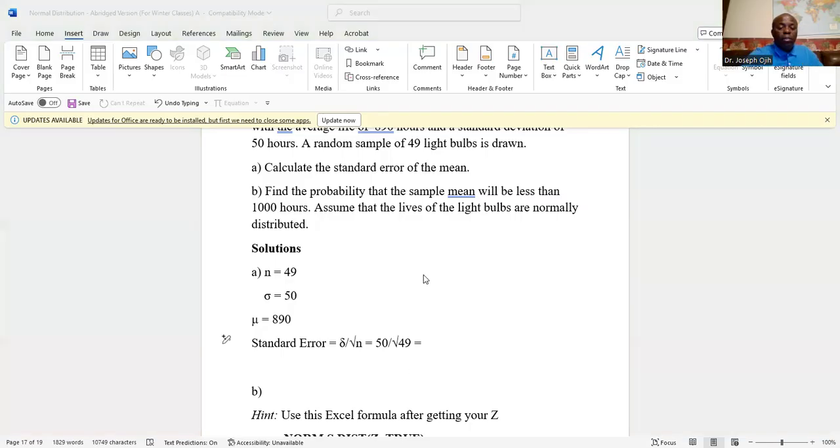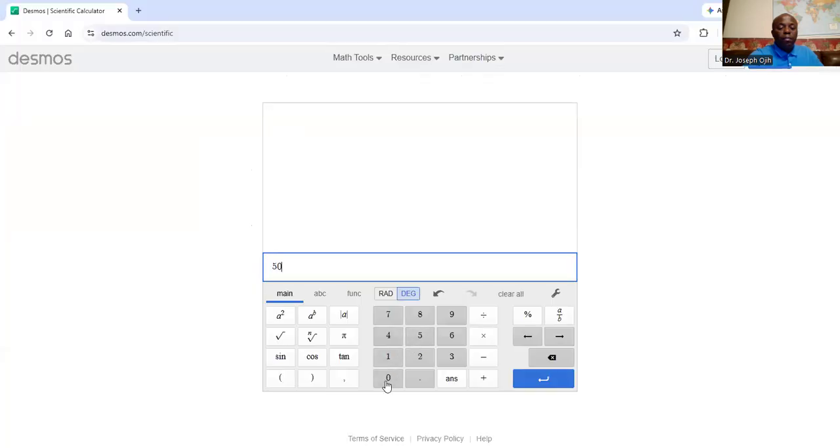I'm taking it to the calculator. We got 50 divided by the square root of 49, which is 7.143 when rounded. Standard error equals 7.143.